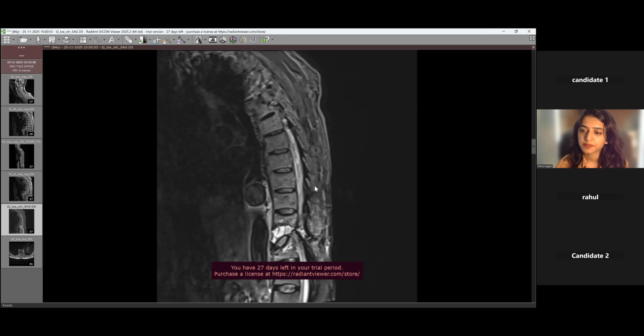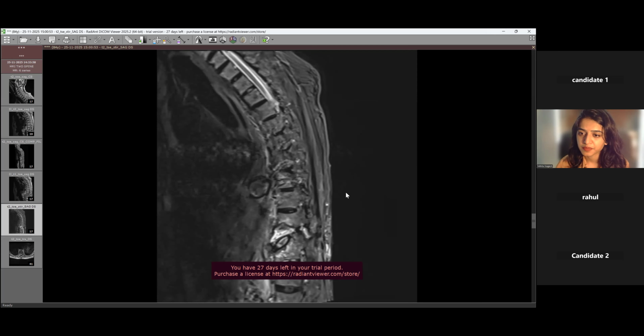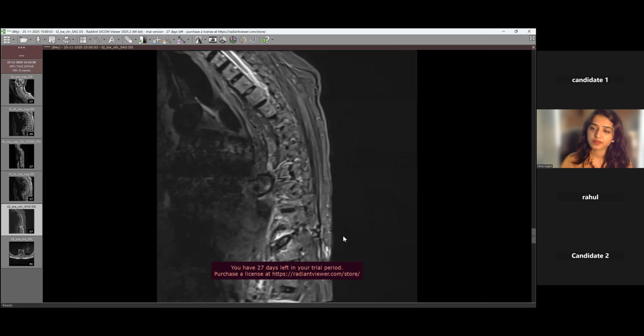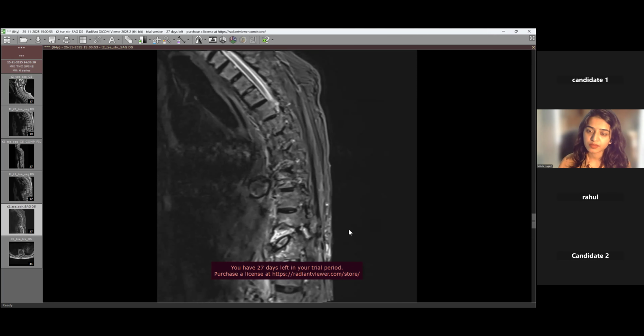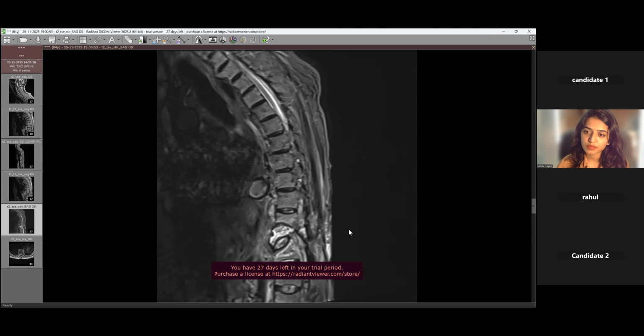Yes, I can. Okay, so I'm trying to scroll through the image. Again, we are back at the dorsal level. Yes, so the involved vertebrae appear quite hyperintense, so that could suggest there is edema. Scrolling.